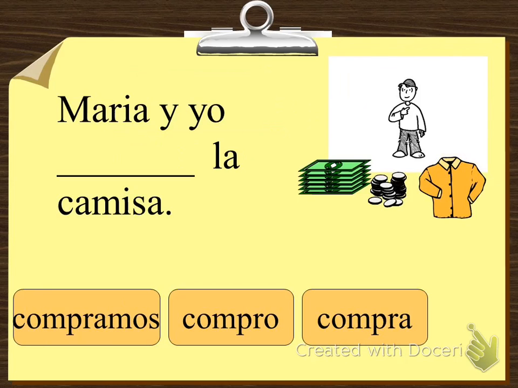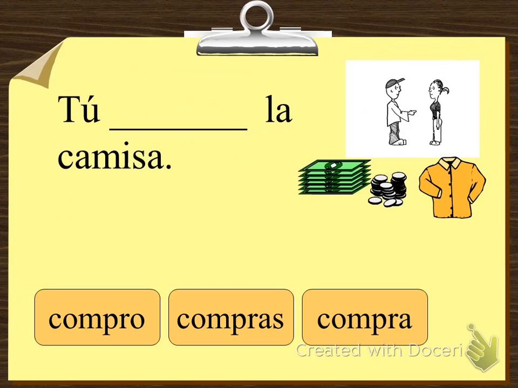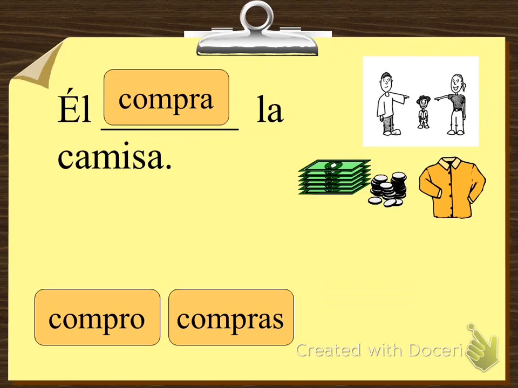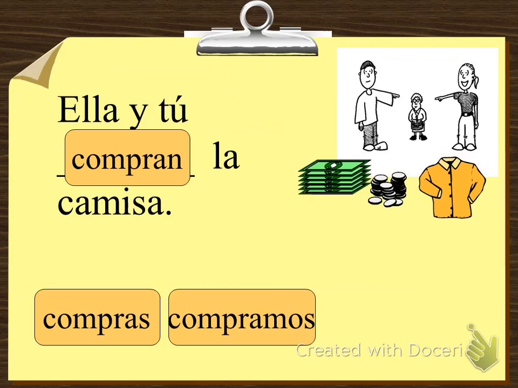Necesita. Compramos. Anybody and I? The we form. Compras. Compra. Compran. Good. And remember that on that plural box you have ellos, ellas, which both mean they. You also have ustedes, which is you all, which is where this would fall in. Since we're not using vosotros, we're substituting it with ustedes, but it happens to fall in the same plural box. So still an n at the end.